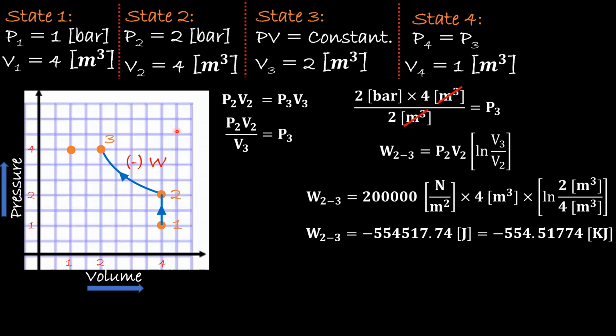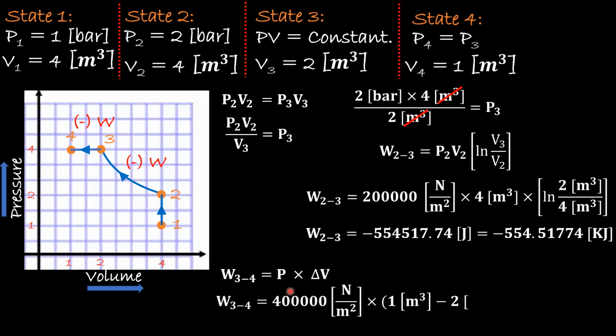So at state 4, we said the volume is 1, correct? And it's a constant pressure process, so the pressure is going to stay 4 bar. And the process goes from 3 to 4 to the left-hand side, so that tells us we're going to have a negative work. So here, the work from state 3 to state 4 is pressure times change in volume. The pressure is 400,000.